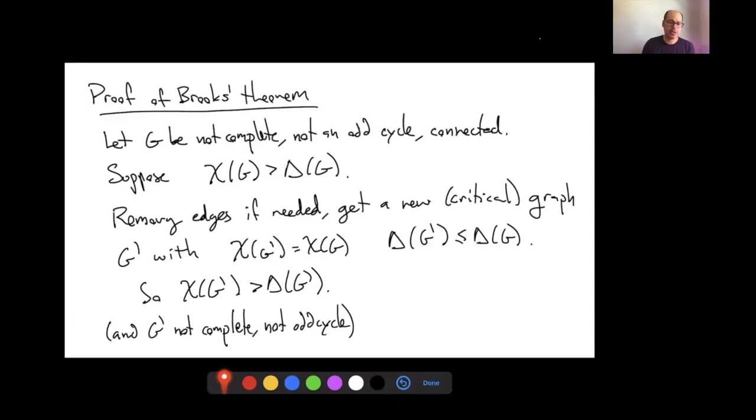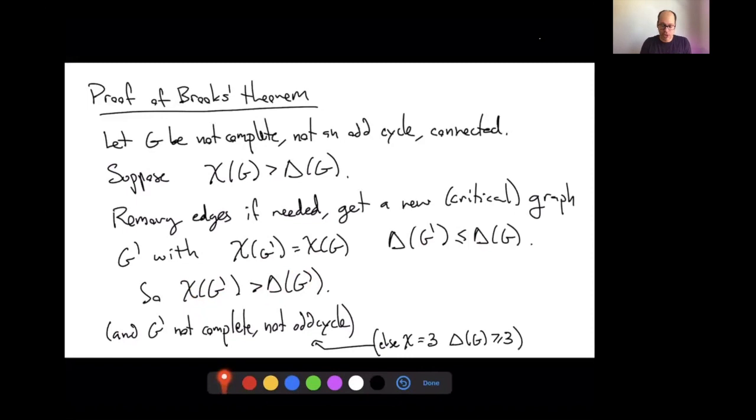And we can also assume that you don't get an odd cycle in G prime, because what if you did? If you did have an odd cycle, well, what's the chromatic number for an odd cycle? It's 3. So this would be 3. Capital delta of an odd cycle is 2, right? So every single vertex has degree 2.